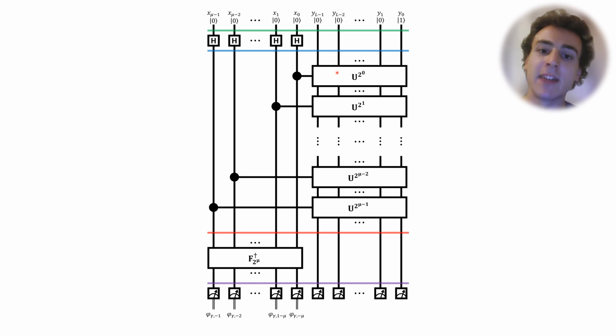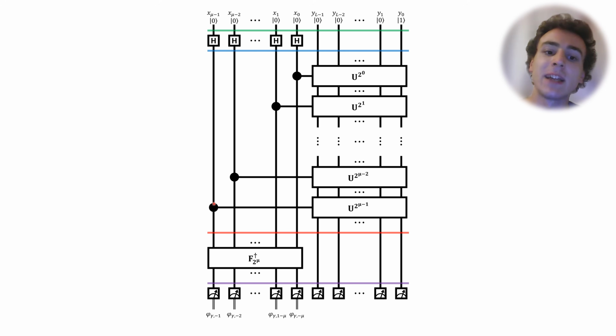And as we said, this is the notation for these controlled unitary gates. Observe that this first controlled unitary gate has the control symbol over the qubit denoted by x sub 0. And then the next one has the control qubit as x sub 1. And then if we skip over all the intermediate steps, we get to the second last one, which is associated with the control qubit x sub mu minus 2.